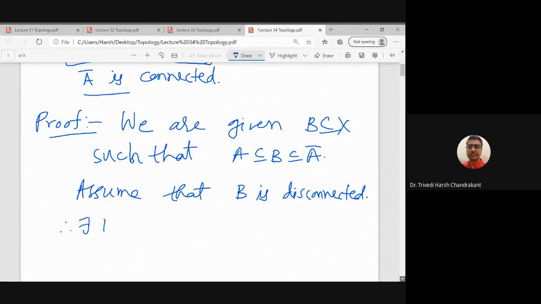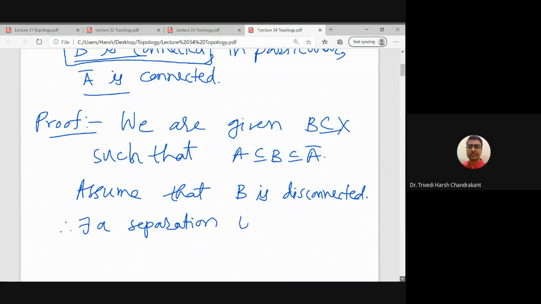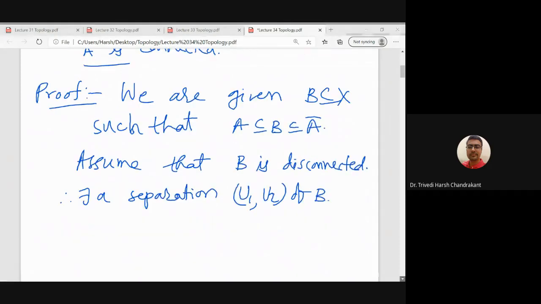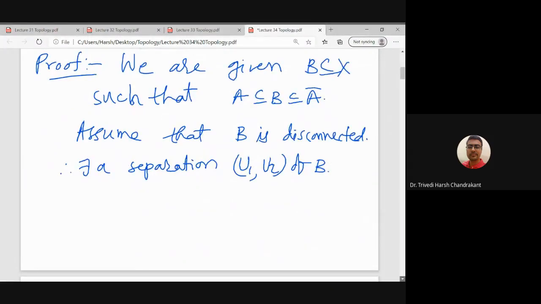Therefore there exists a separation U1, U2 of B. So now we know the meaning of separation: U1 and U2 are non-empty disjoint open sets such that B is the union of U1 and U2.